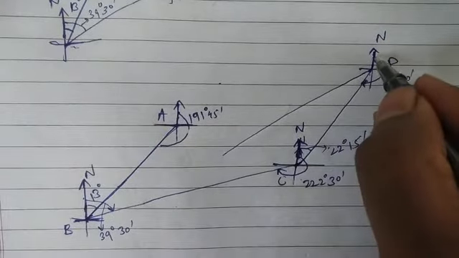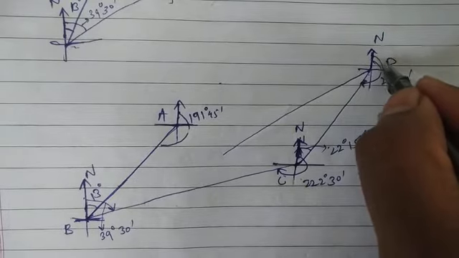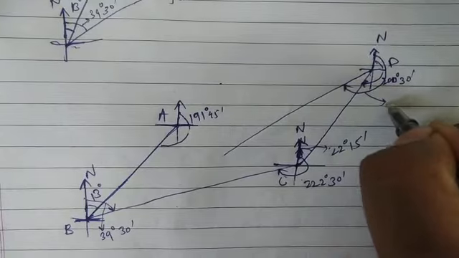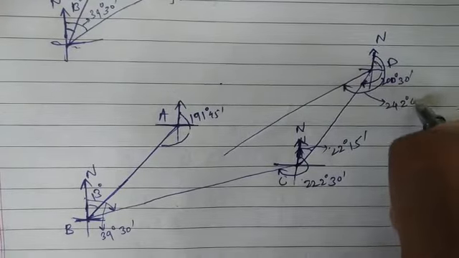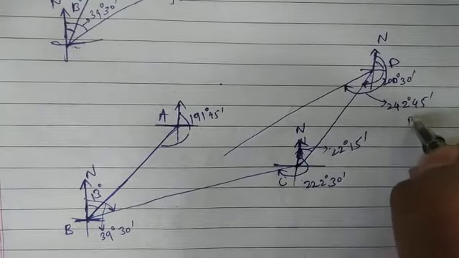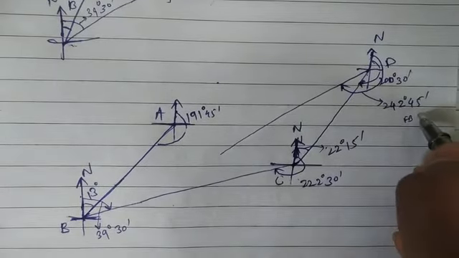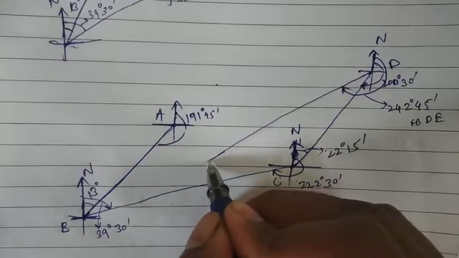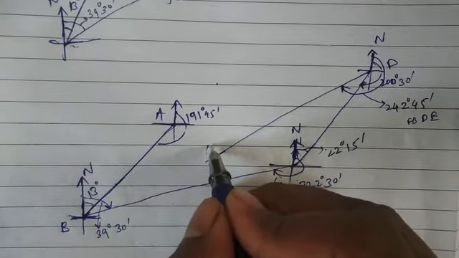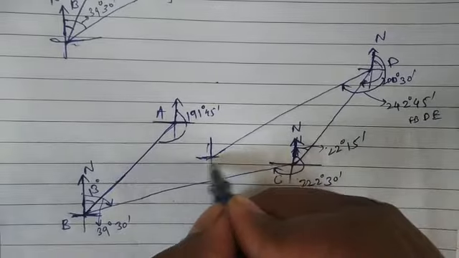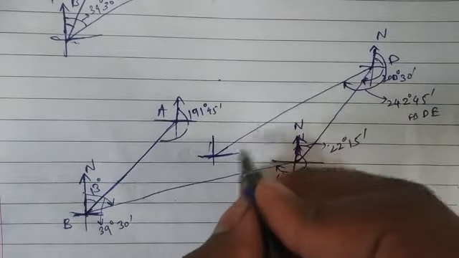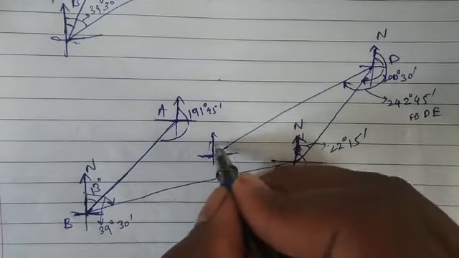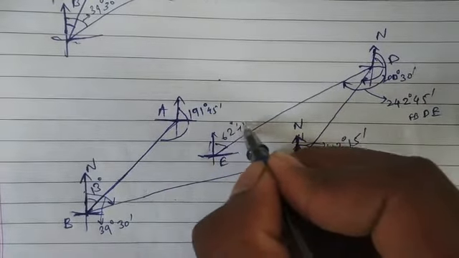I'll write it here. After this, for DE the back bearing is 62 degree 45 minutes.